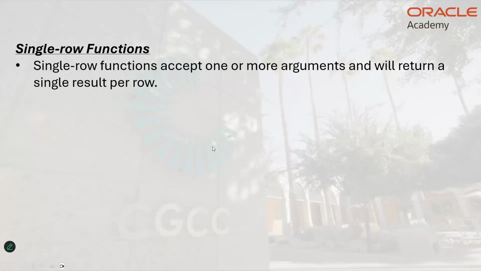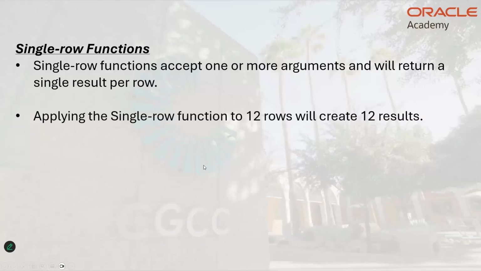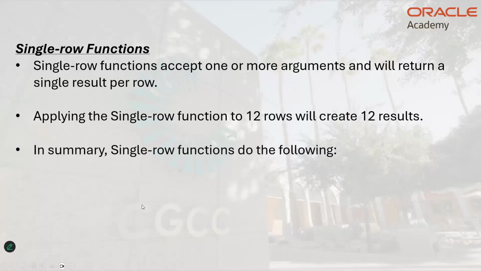That can be a little confusing, but we'll get to an example of that. So applying a single row function to 12 rows will create 12 results. And you're like, wait, that doesn't make sense. I will show you what that means.